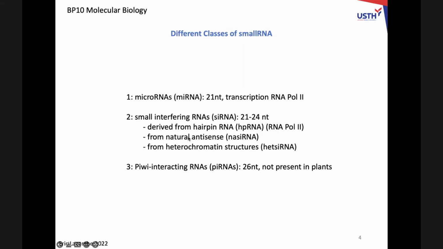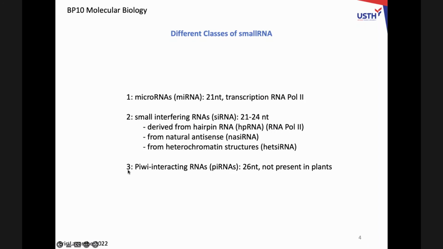But anyway, it's not a problem. And there are also some of the siRNA, the ones that are 24 nucleotides long, that come from heterochromatin structure. This is quite complicated because there is a link between the chromatin structure and the presence of this small RNA. So you understand why the world of small RNA is very complicated.